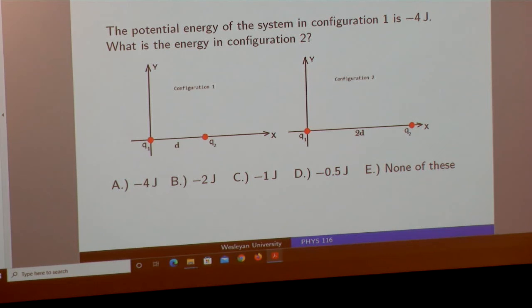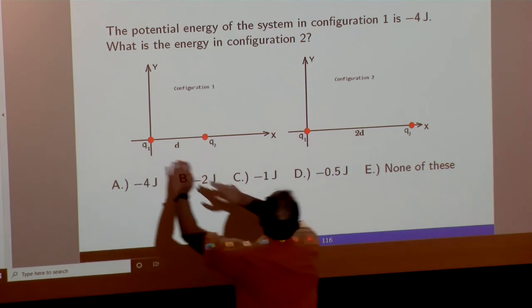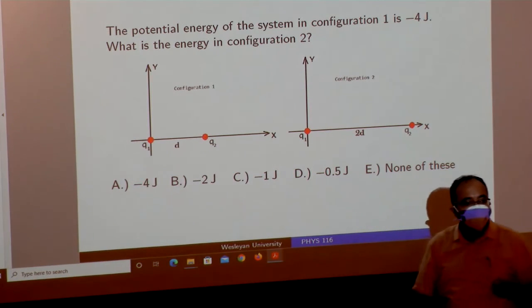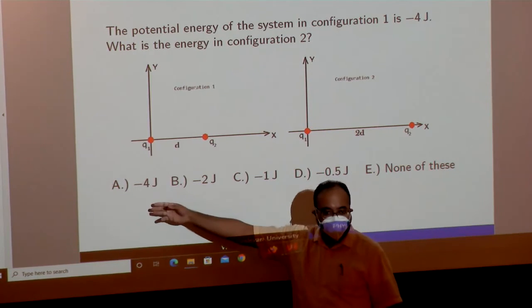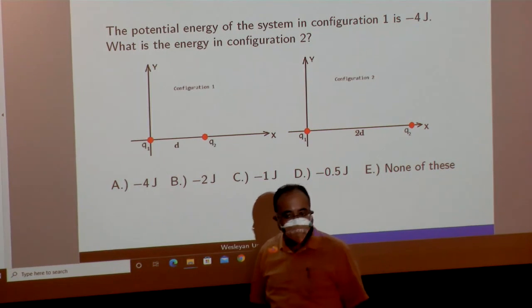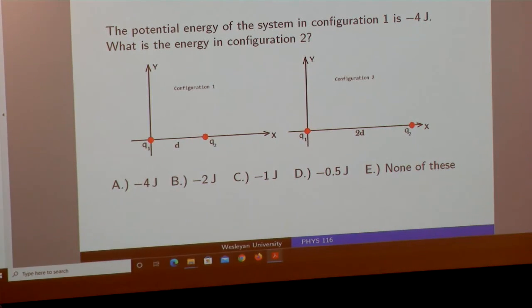Very quickly. Get ready. Show me your votes. So B, yes, we have doubled the distance. So if it was -4 before, now it is -2. It's going to get closer to 0 as you go further and further away.